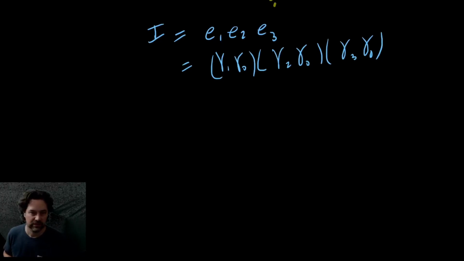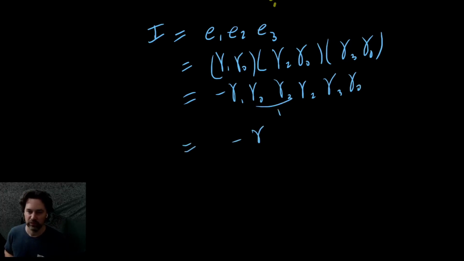And as I've mentioned, we can choose to reorder any of these multiplications provided we toggle the signs appropriately. So let's not flip the first one, let's leave that one as it was. Let's flip the next one: gamma 1 gamma naught, times minus gamma naught gamma 2, times gamma 3 gamma naught. Now gamma naught squared is 1, so we're left with minus gamma 1 gamma 2 gamma 3 gamma naught.